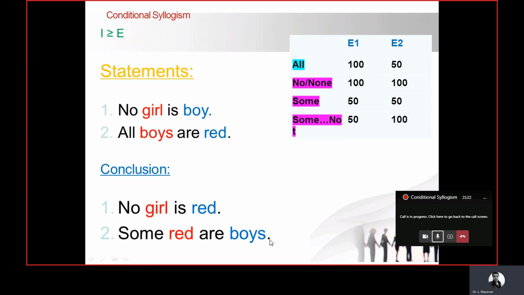Now look at the second element, boys. All is 100 in the statement. For boys, some is 50. So it is lesser, so the conclusion is lesser than the statement. So it is a right option, and option 2 only follows. Okay, I hope I'm clear to everyone. Using this simple method, you will be able to work out the questions on syllogisms.